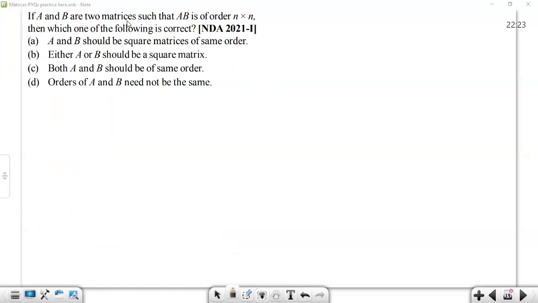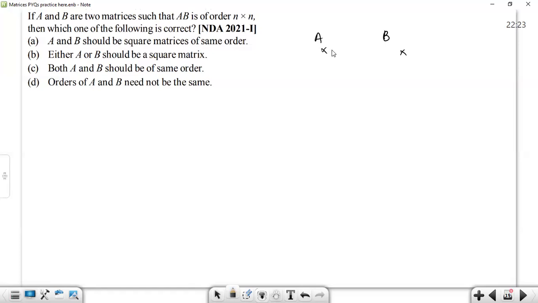If A and B are two matrices such that AB is of order n cross n, a square matrix, then which one of the following is correct? So if A and B matrices are getting multiplied, it is for sure that the number of columns of A and the number of rows of B are going to be equal.